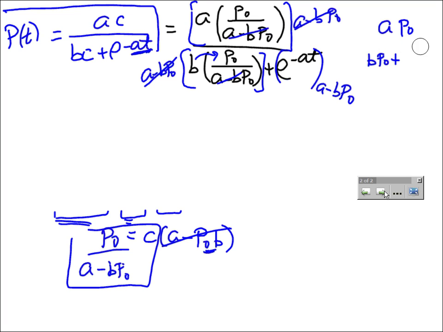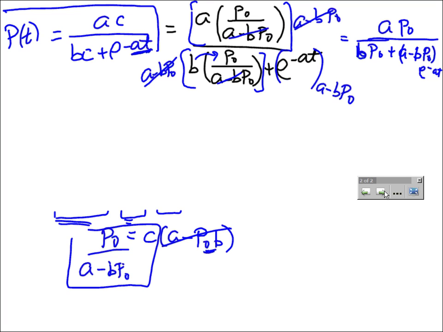Okay, so let me just get a little bit more space going. Just erase this. So now I have plus a minus b p sub 0 times e to the negative at.